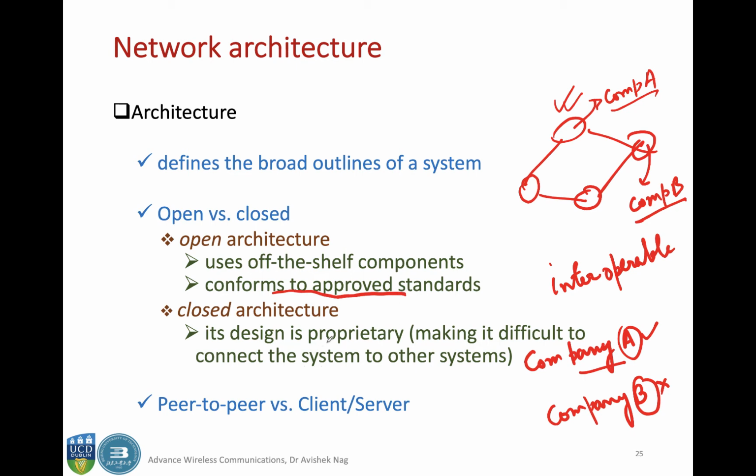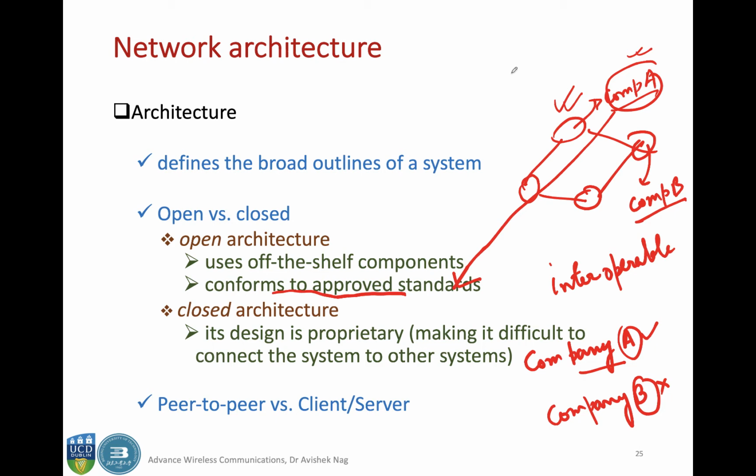However, if company A doesn't conform to the common approved standard and makes its products proprietary to itself, then nobody else can use it. So company A can use its components in its own internal network, let's say. So that's a closed architecture.